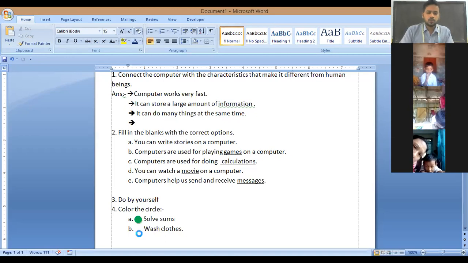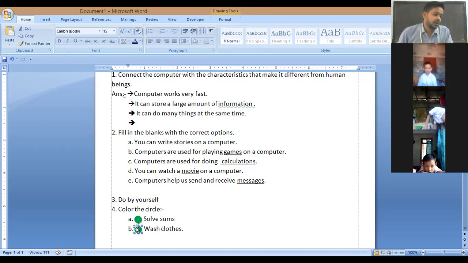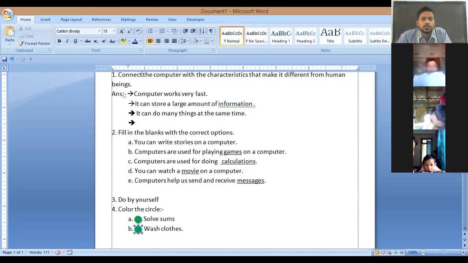So what will we do? We will color it blue if it is not correct. If it cannot do the work, we need to color it blue. So now we are going to color it blue.